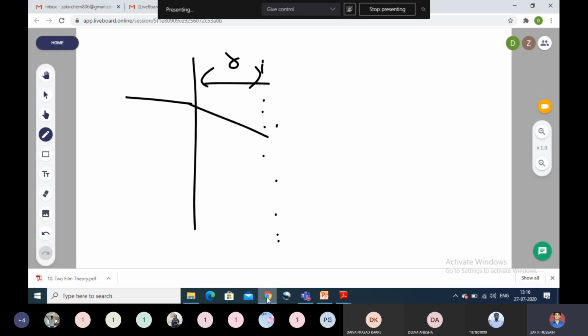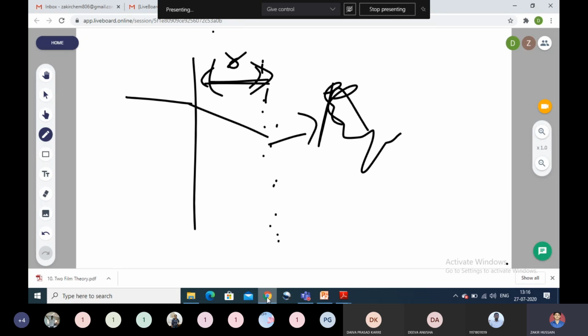Since this is a stagnant film, we can consider this as equimolar counter diffusion, where B acts in the opposite direction.